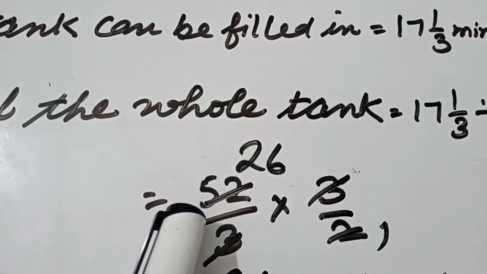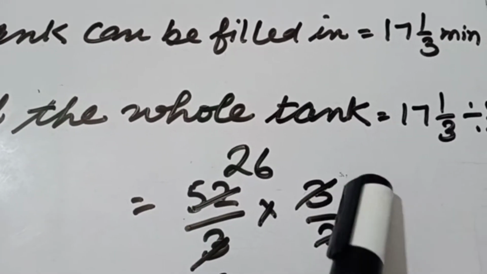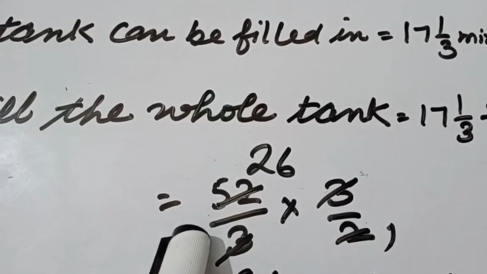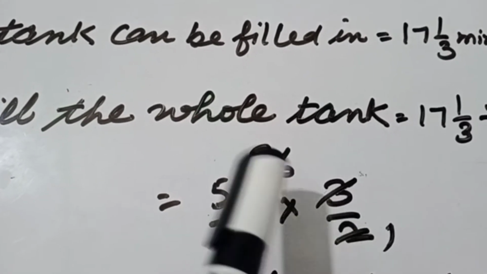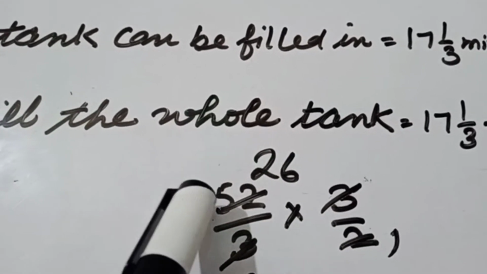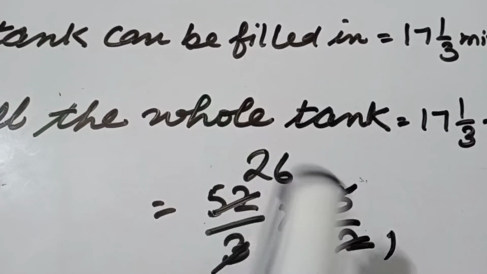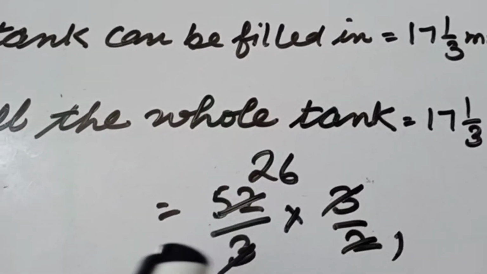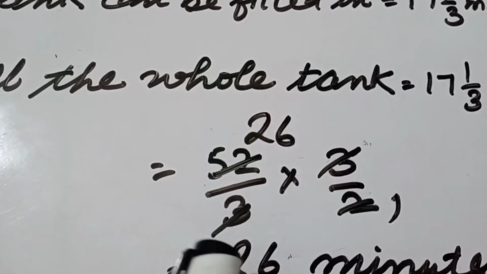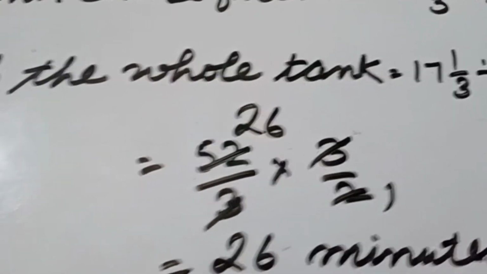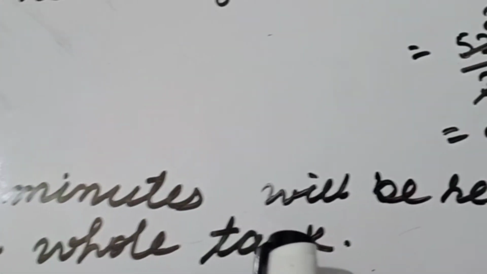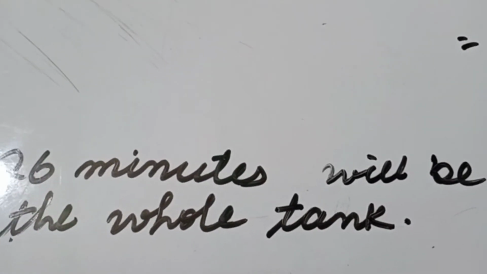So 52 by 3 multiply 3 by 2, 3 will be cut by 3, and we divide 52 by 2 and we get 26. So 26 minutes. Therefore 26 minutes will be required to fill the whole tank.